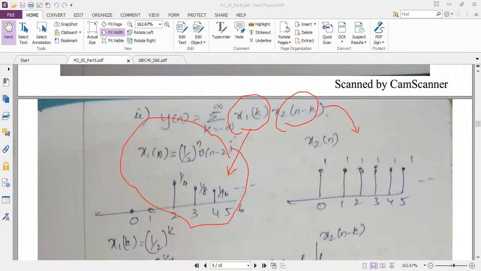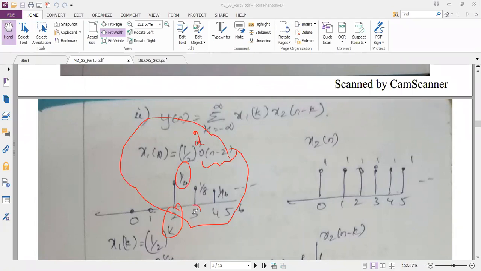So how to plot it? If you see, your x1 of n expression is 1 by 2 power n u of n minus 2. You know the meaning of u of n minus 2. Minus 2 means it has to start from plus 2. So when n is equal to 2, I substitute and get 1 by 2 power 2, which is 1 by 4.